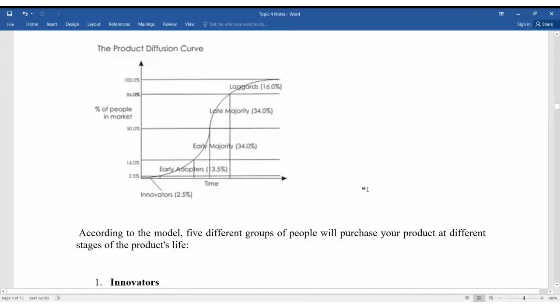Innovators, the characteristics that they exhibit. These people tend to be high risk takers. They are well managed, well educated, knowledgeable, and they tend to go for new things.